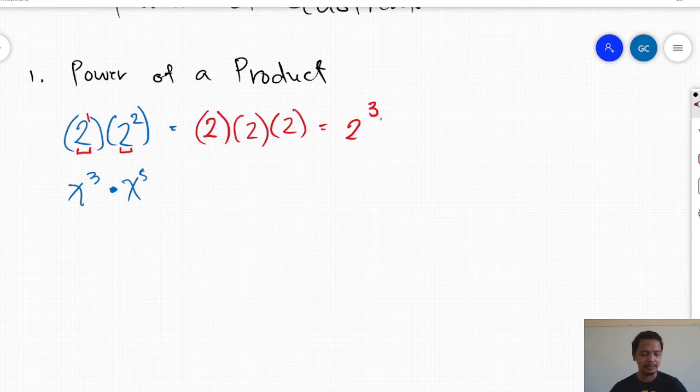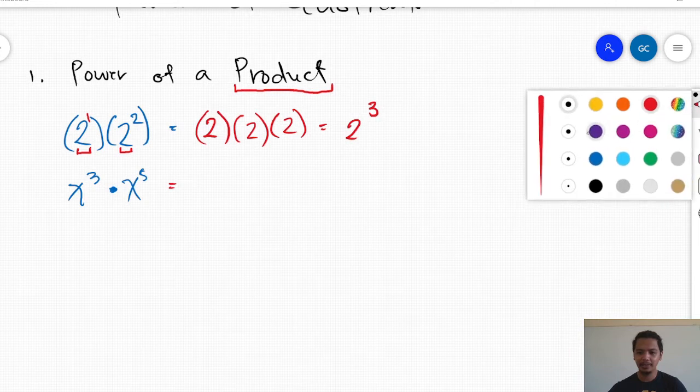So kapag meron tayong mga powers, that is 2 raised to 1 and 2 raised to 2, and we multiplied them to each other, you see here, product. And pag multiply natin sila sa isa't isa, we just need to add their exponents.